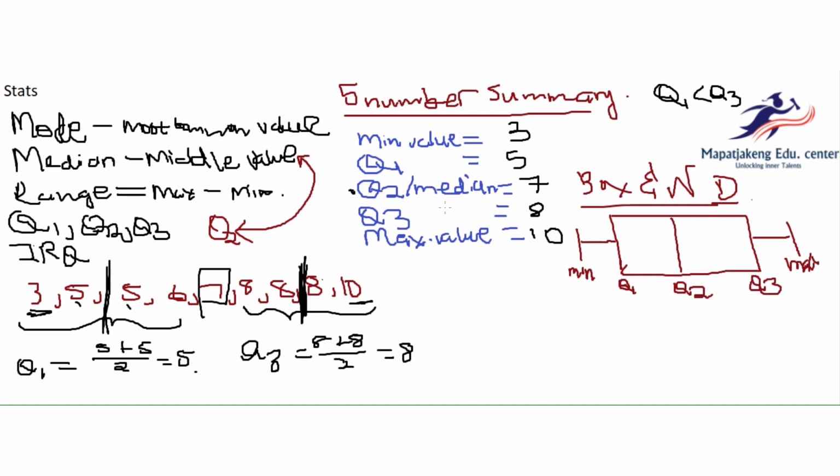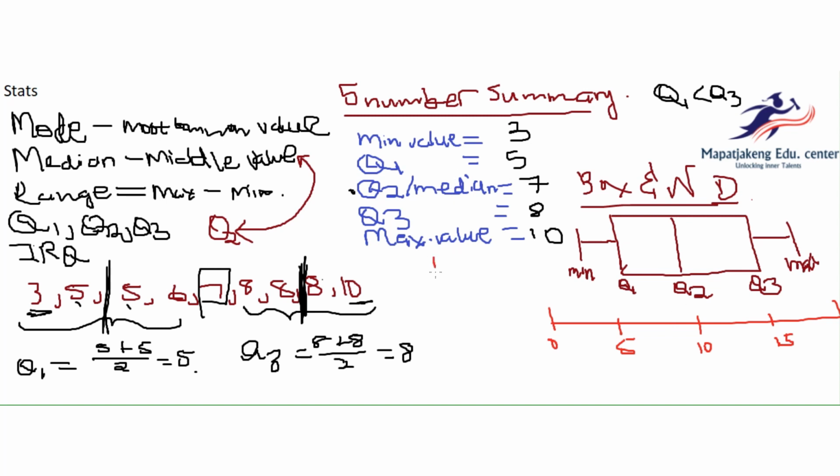When we draw a box and whisker diagram, we also ensure that there is a scale below. You don't just draw in any fashion. You make a scale, maybe it's 0, let's say 5, and then this is 10, this is 15, right?